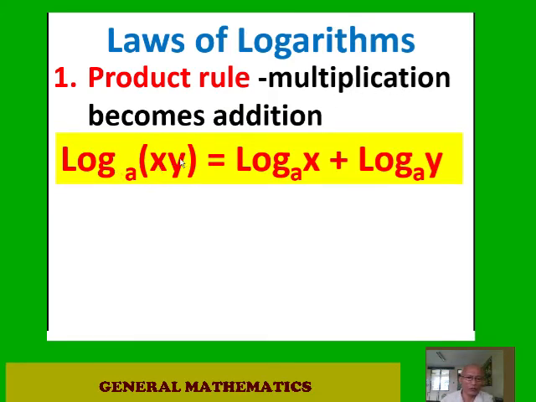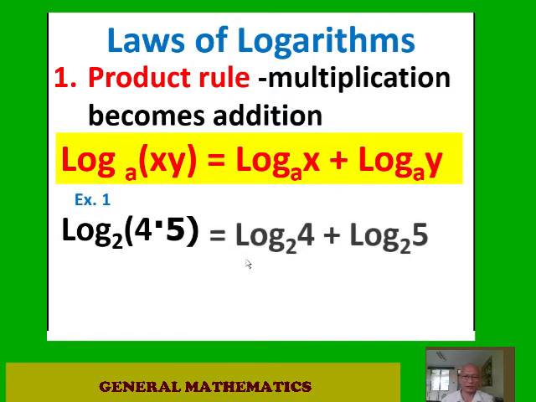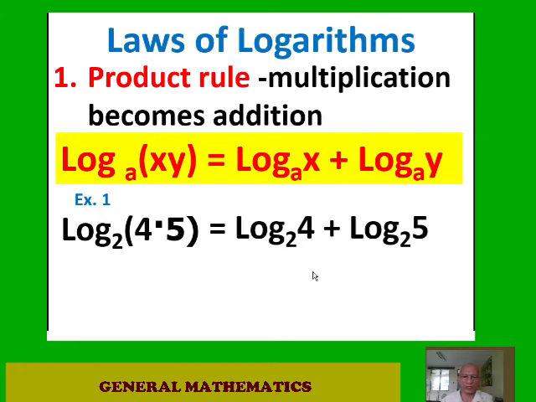For example, the product of x and y, log of x times y base a, is equal to log x base a plus log y base a. Okay, so the product becomes the sum of its logarithms with the same base. For example, log of 4 times 5 base 2 is equal to log 4 base 2 plus log 5 base 2. So the product becomes the sum.